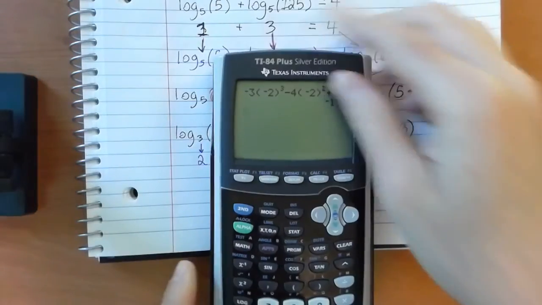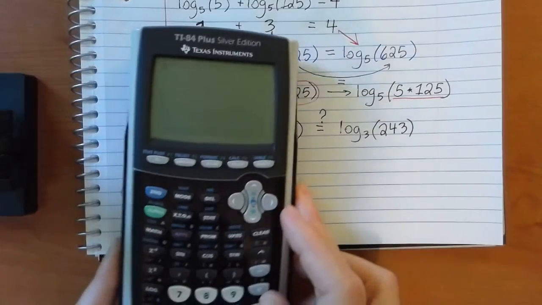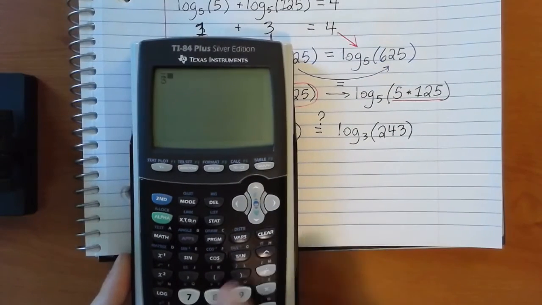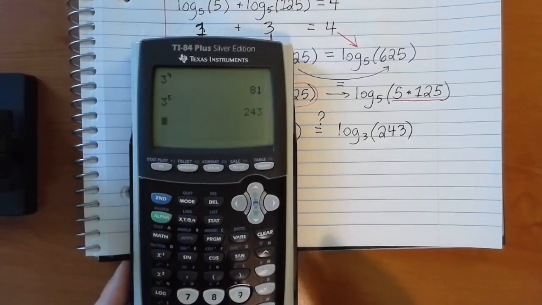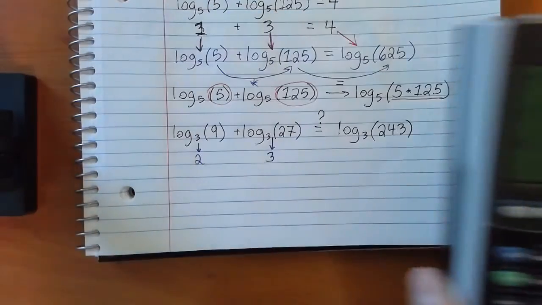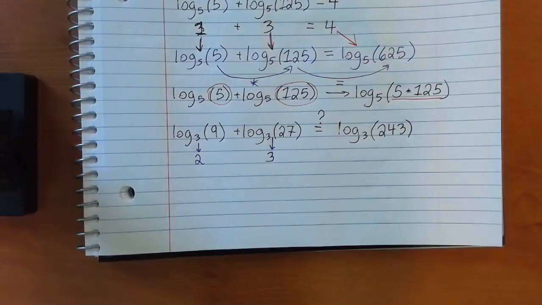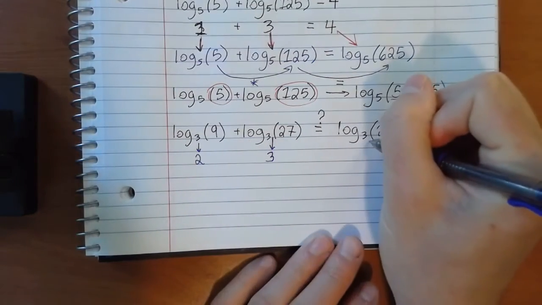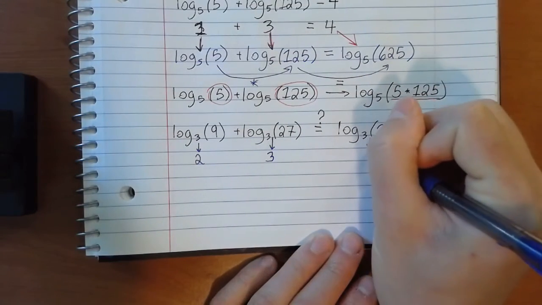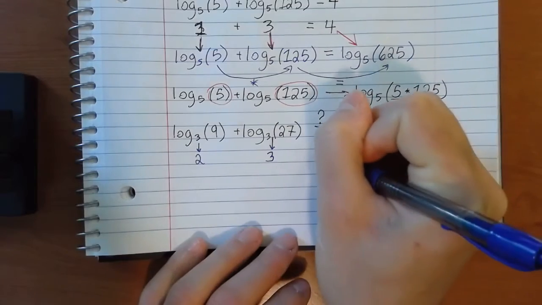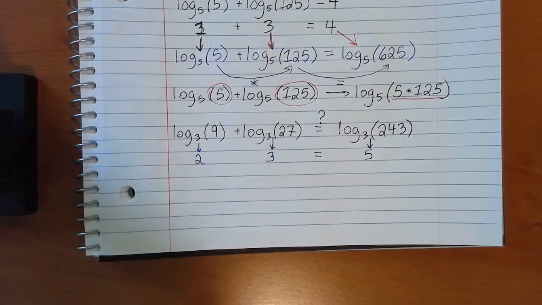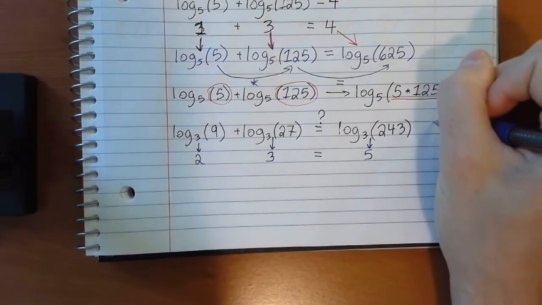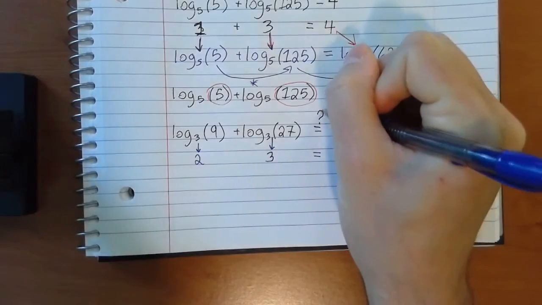Let's try 3 to the 4th. Oh, that's not big enough. 3 to the 5th. Perfect. 3 to the 5th equals 243. So that means that log base 3 of 243 is equal to 5. Well, we all know that 2 plus 3 is definitely equal to 5. And so that means that, yes, check.